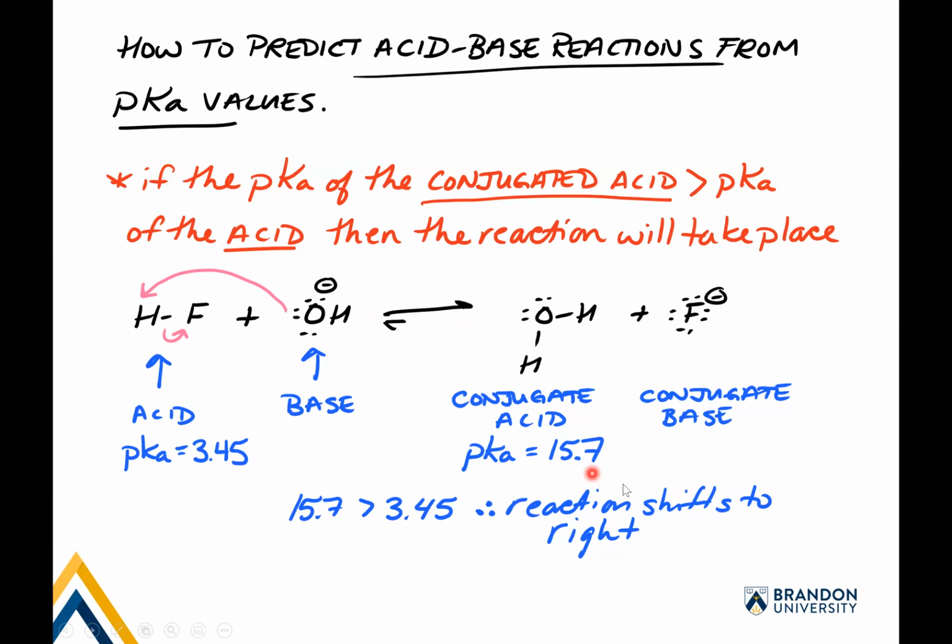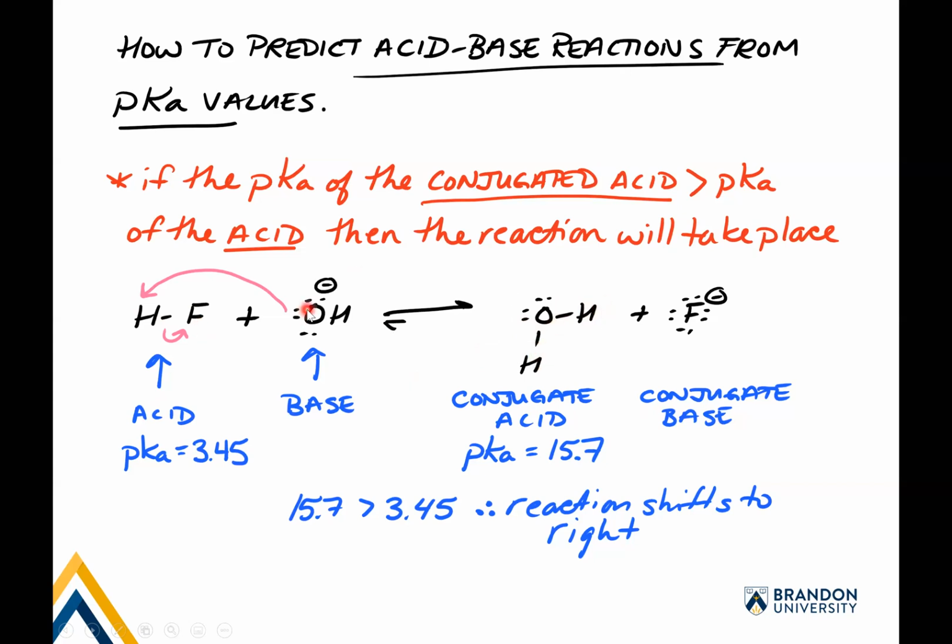So in this example here, we've got HF, hydrogen fluoride, and hydroxide, which is going to come grab that proton, and we're going to be generating water and fluoride ion. If we want to compare the two substances, the water and the HF are the two substances which actually have the protons.